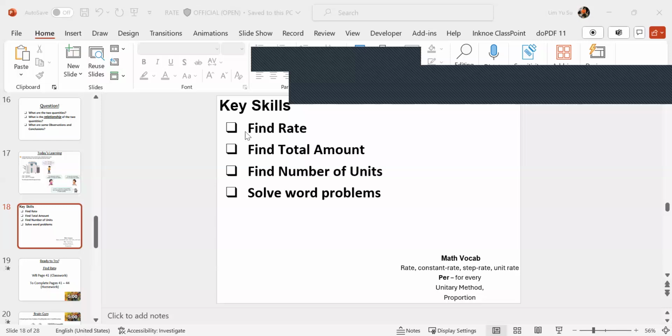Yesterday, I was trying to get us to check the checkbox here: find rate, find total amount, find number of units. These are the three main skills for this chapter. We are at point number 3. We skip the one that talks about step rate.